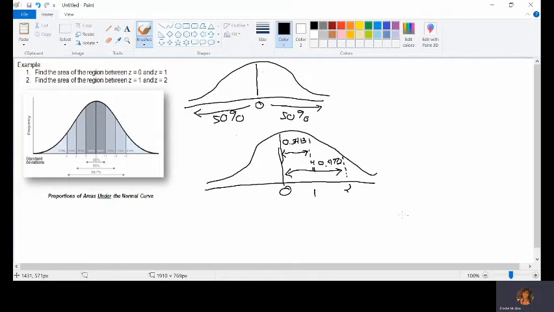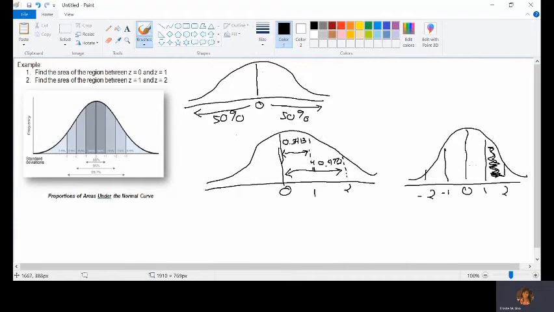So to find the area of a region between z is equal to 1 and 2, okay, so 0, your 1, and your 2, you're going to find this out, okay, negative 1, negative 2.